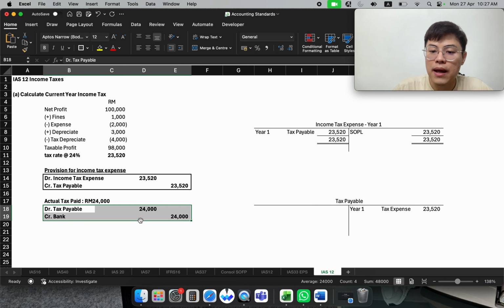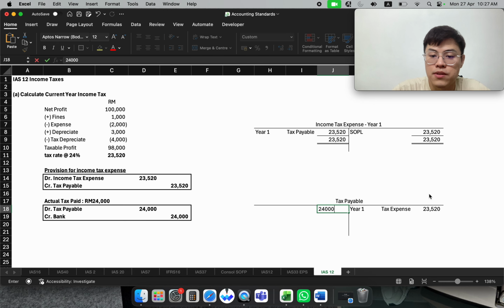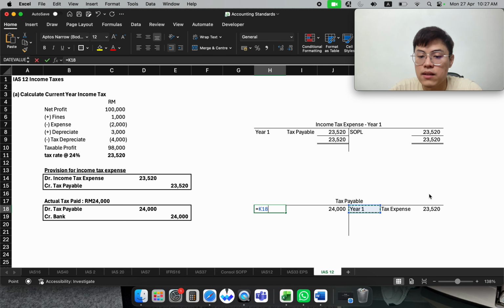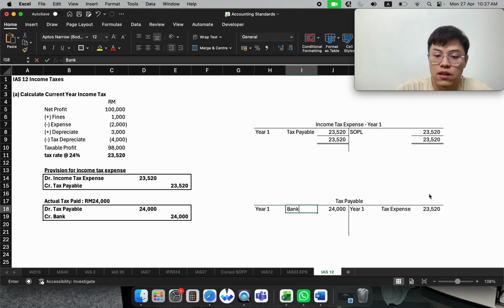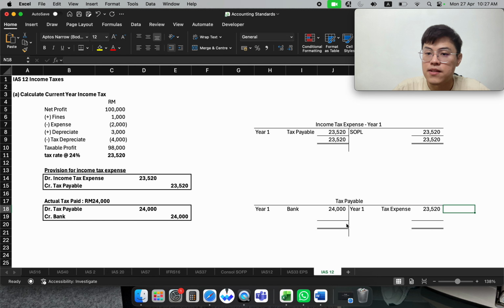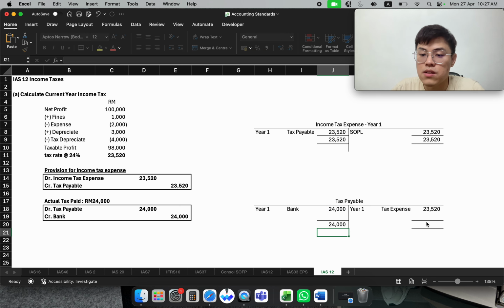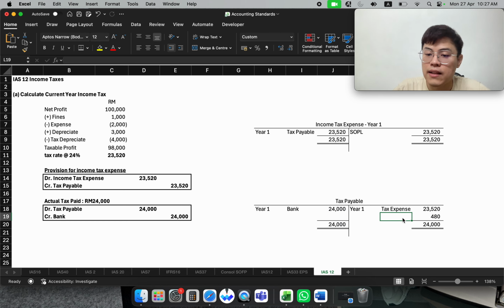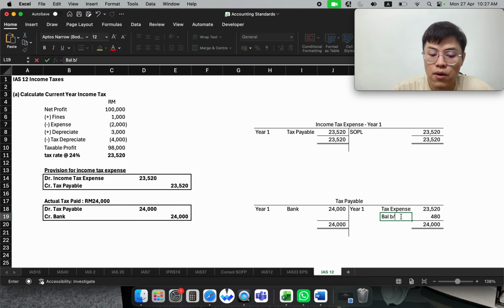When this happens, you will debit tax payable 24,000, and this is still year 1. You credit bank, you debit here. When you close this account, you will see there is a difference. The difference here, 480, will be your balance brought forward to next year.